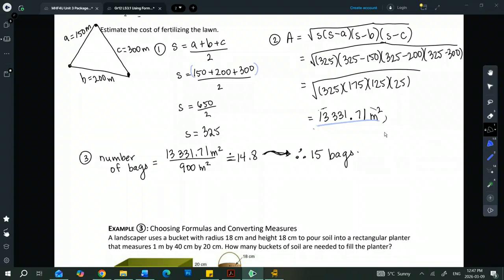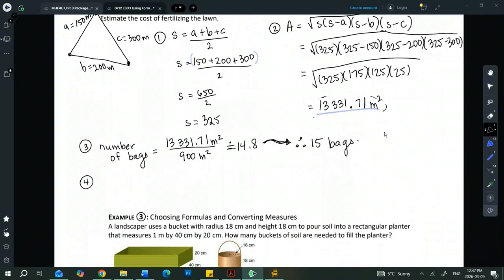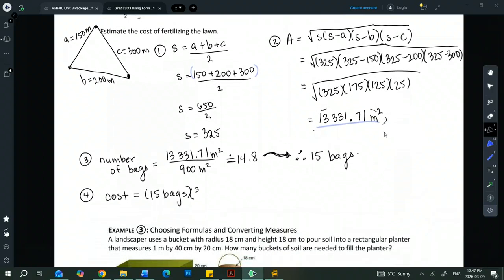Okay, and then finally, if we know the cost per bag, and I know I need 15 bags, how do I calculate that one? Yep. So let's do cost equals 15 bags times, what was it, 19.98. What'd you get? Yep, $299.70.